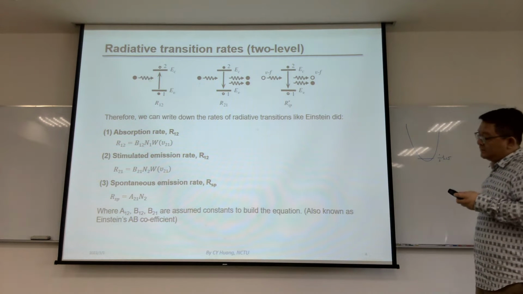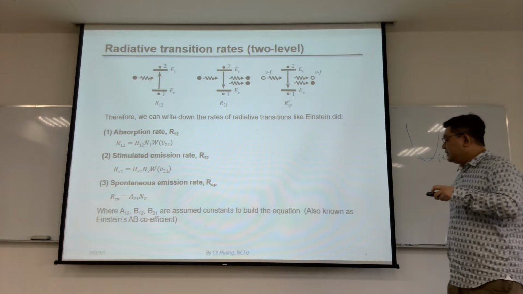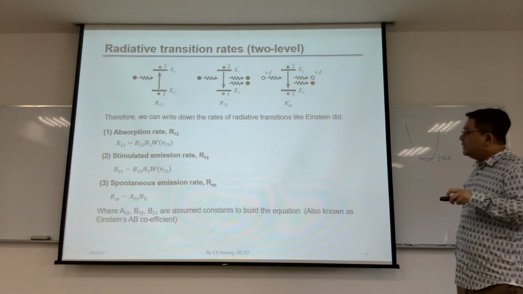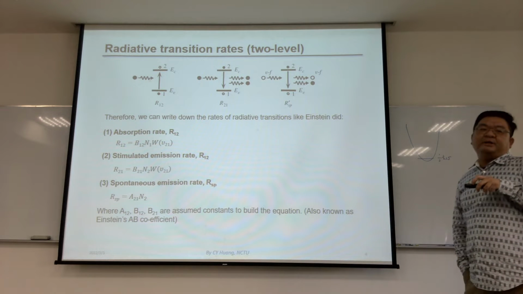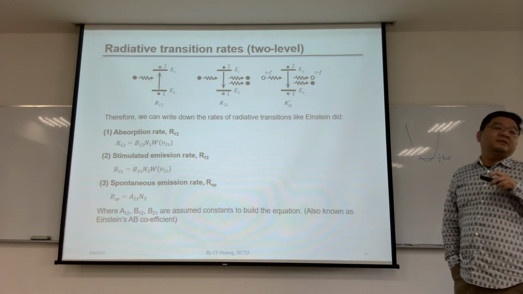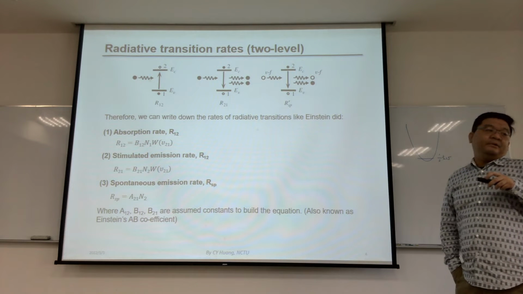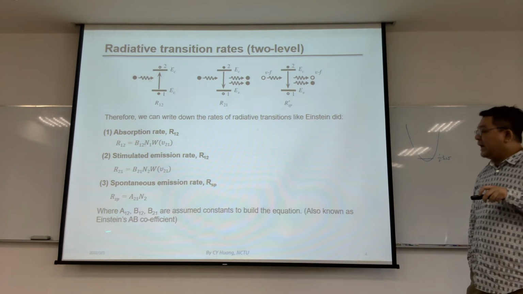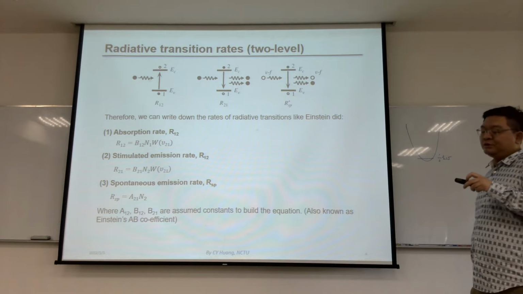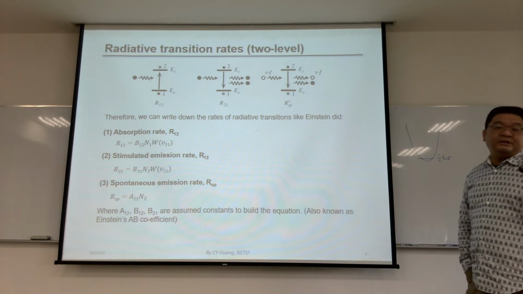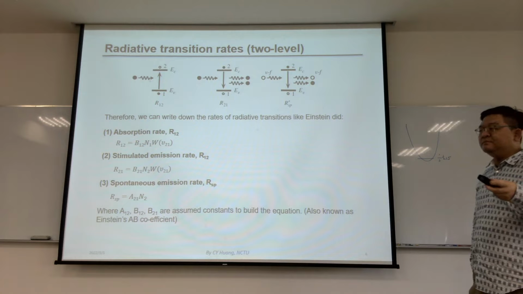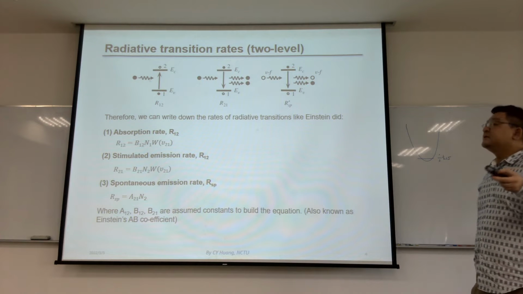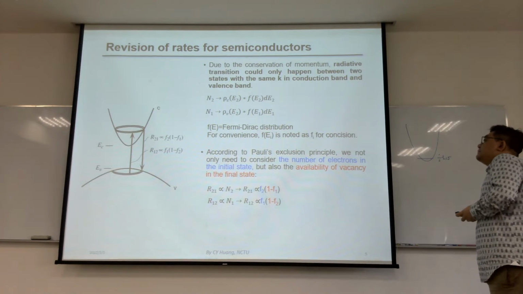Okay, so let's see what Einstein did afterward. The trick of using a proportional constant to build up the equation is called the Einstein AB coefficient approach, also a very strong invention of his.